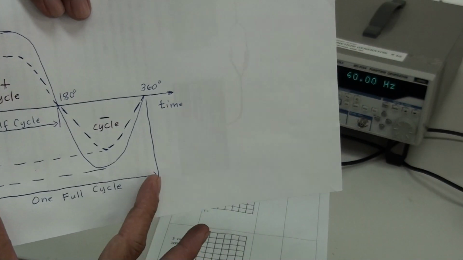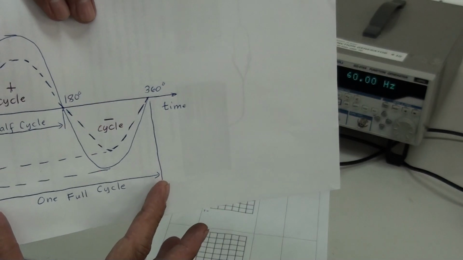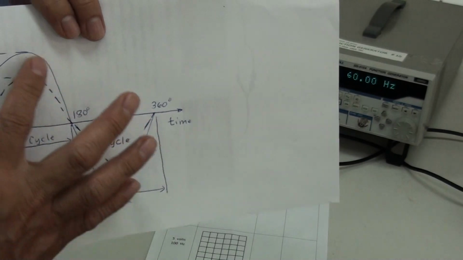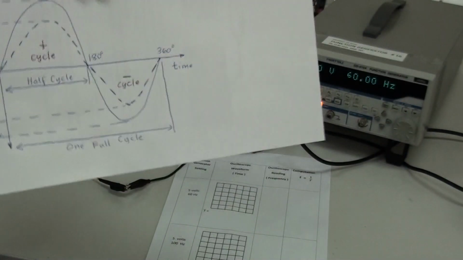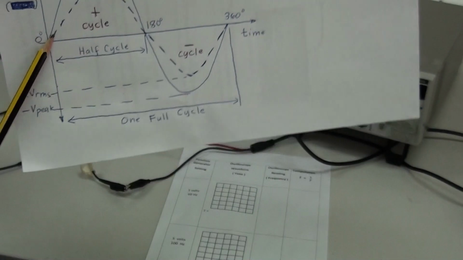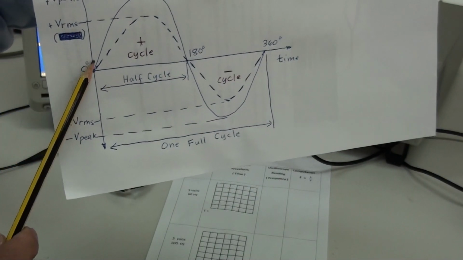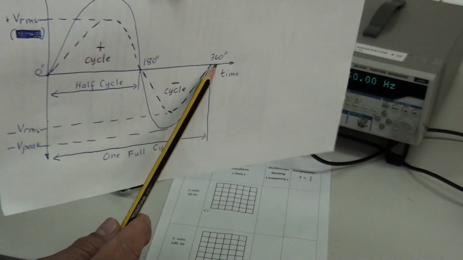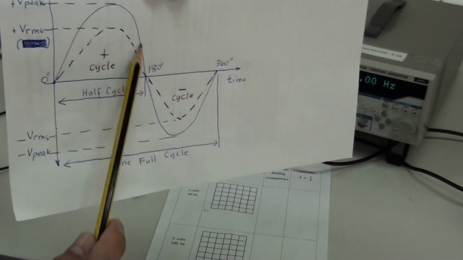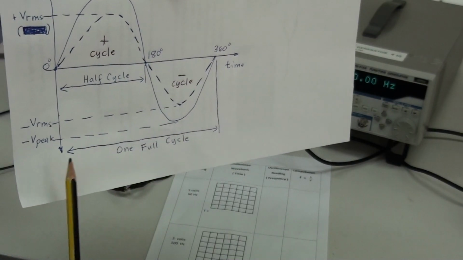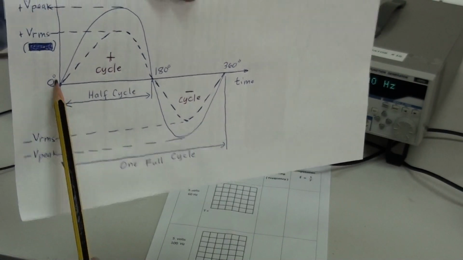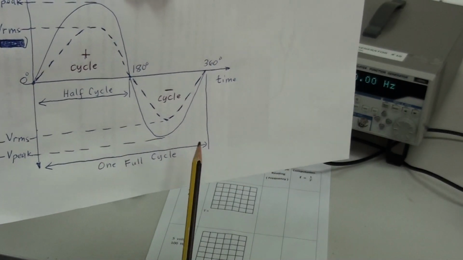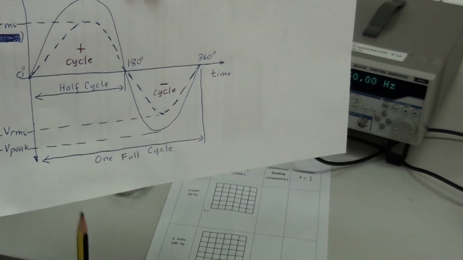For example, from this starting point up to this point, which is 360 degrees, this is considered as one cycle, and the time from this point up to this point is the period, or the time of one cycle.